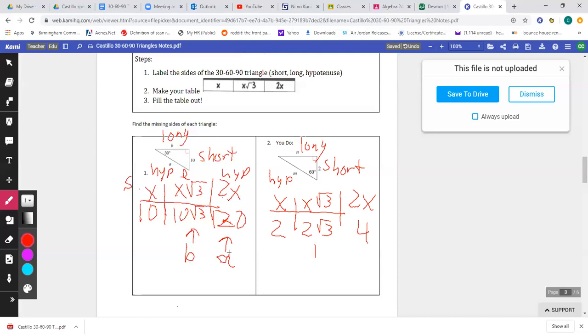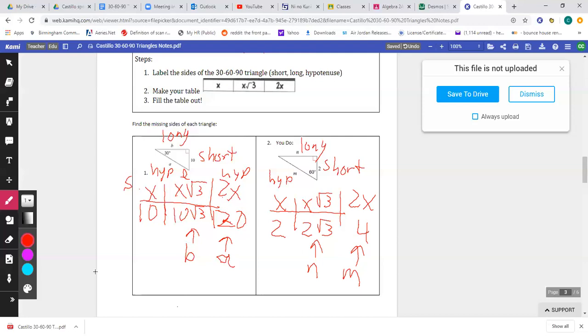And so your long was N, and your hypotenuse was M. Anyone have any questions so far? So remember, your key here is to just try to get the short leg, and from the short leg, you could get all the other ones.